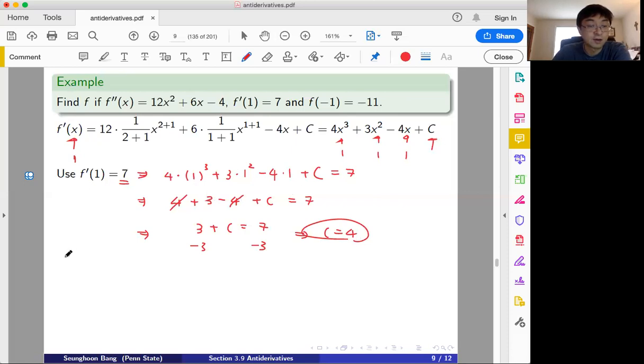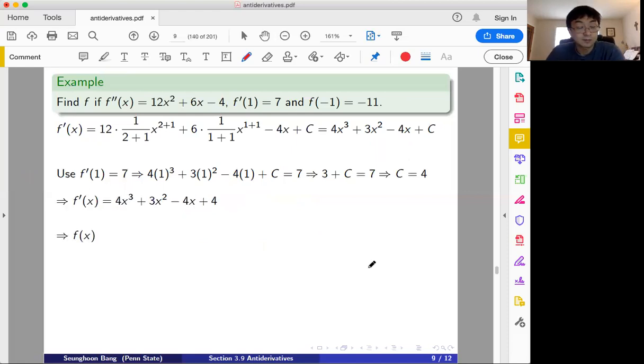You can plug it into here. So we have f prime of x is 4x cubed plus 3x squared minus 4x plus c, where c equals 4. So we have it. How can you find f of x? We can use the same method.